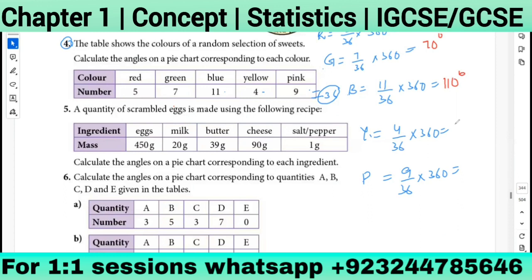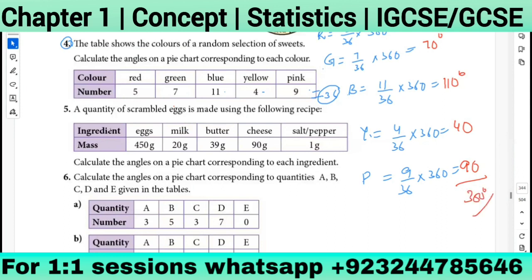Yellow, 40. And pink, 90. So if you add them all, you should get 360. If you're getting 360, it means you are correct. If you're not getting 360, it means there is a mistake. So you will get 360. So it means you are correct over here.